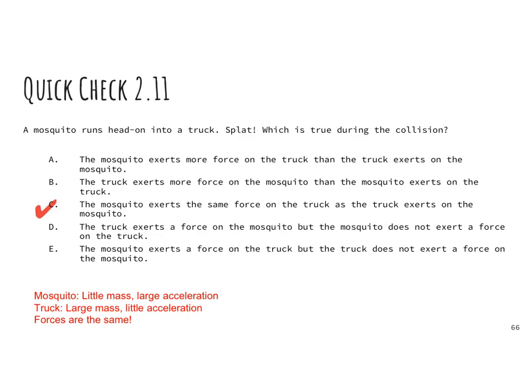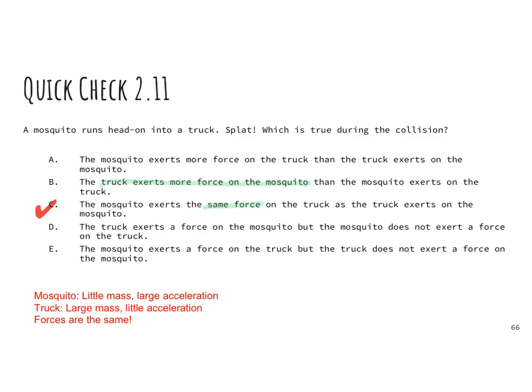So I've got a quick check. A mosquito runs head-on into a truck. Which is true about the collision? We like to say that the truck exerts more force than the mosquito because the mosquito is getting smushed. But the reality is the mosquito and the truck exert the same force on each other.